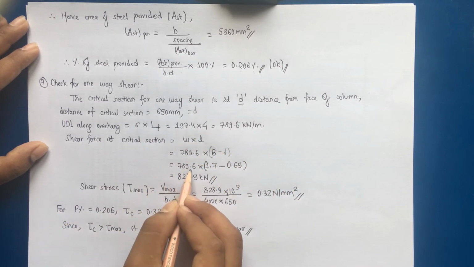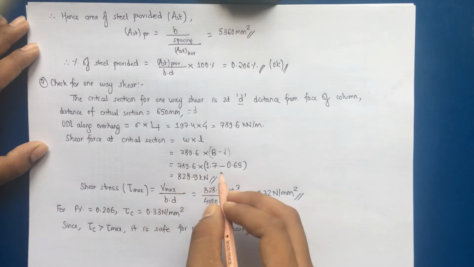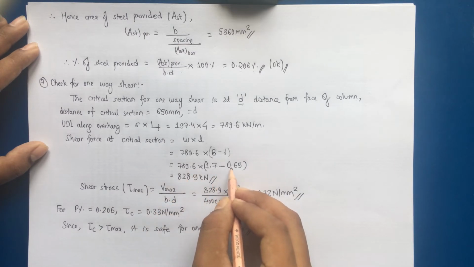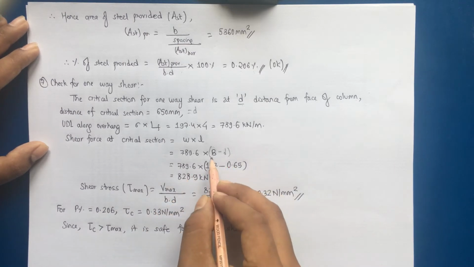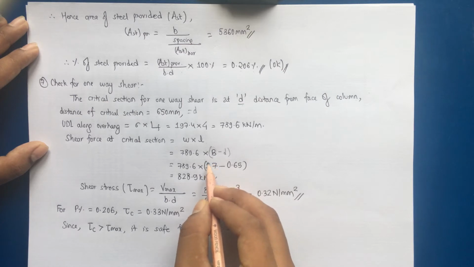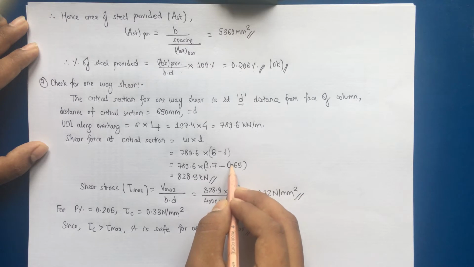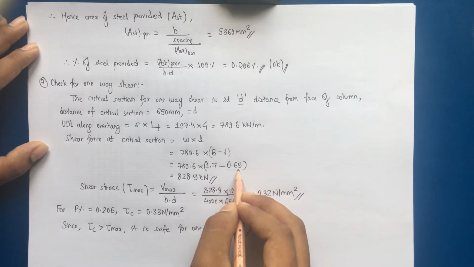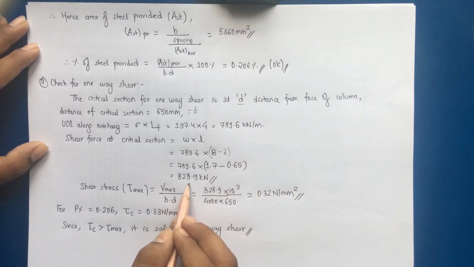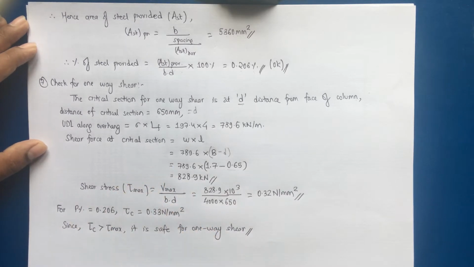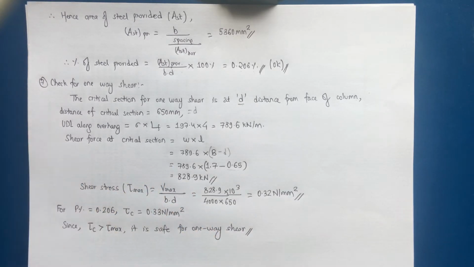So 789.6 into 1.7 minus 0.65, that is the length of the cantilever portion minus the point at which we have to find the shear, that is the value d. So this comes as 828.9 kilonewton. So this is the shear force at the critical section. I have calculated it.